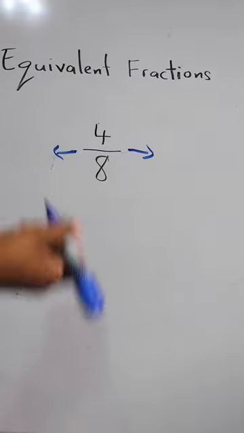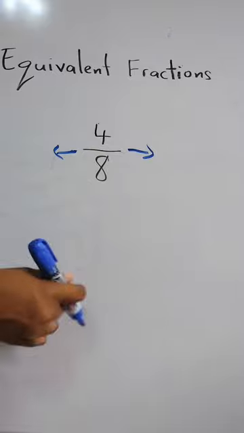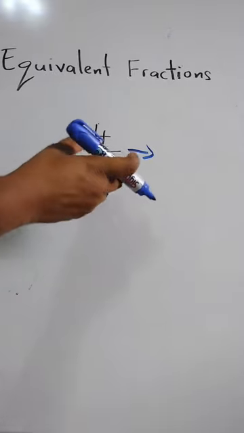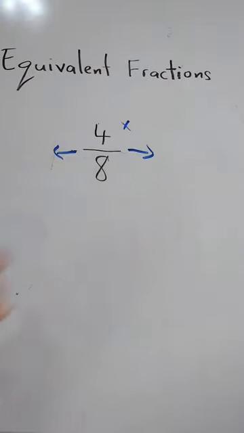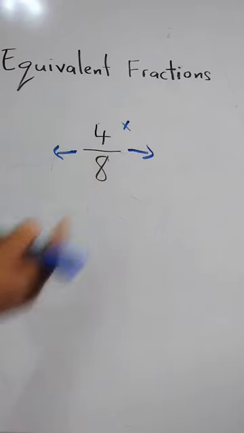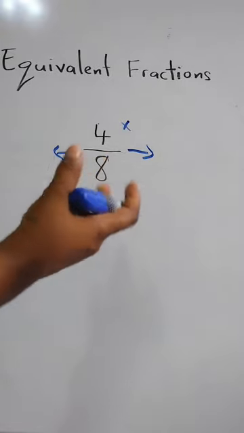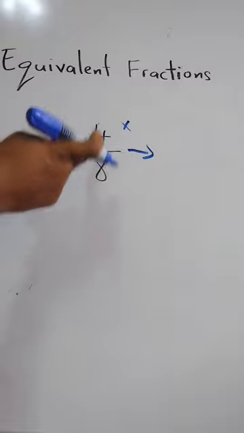Now, when we look at fractions equivalent to 4/8 that are representing bigger numbers numerically, we're looking at multiplication. I'm not going to multiply by 1 because if I multiply by the whole number 1, I'm still going to have 4/8.